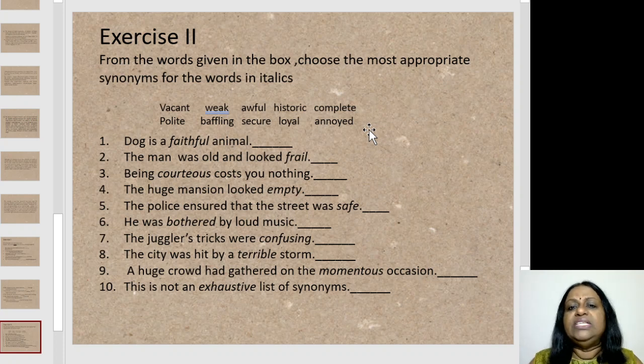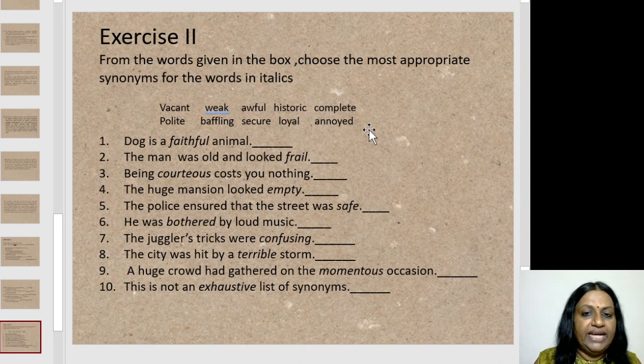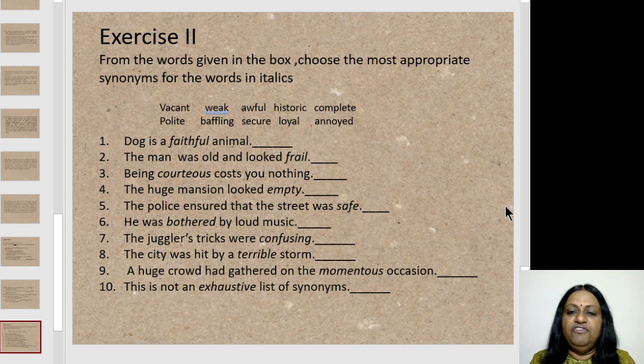So then it becomes easier for you to pick up the appropriate synonyms. Let's look at the words first. Vacant, weak, awful, historic, complete, polite, baffling, secure, loyal, annoyed. So these are the words that have been given to us.